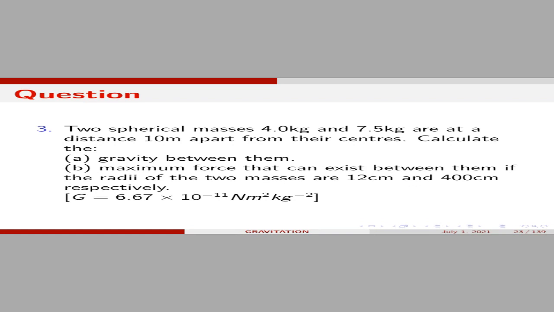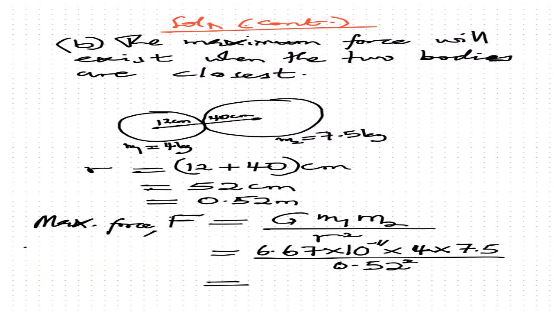Oh, sorry, it's 412. So I made it 40. So meaning that here is 400. Oh, forgive me. It's not any big deal. We just have to change the value. The question gives 400, not 40. So here is 400 centimeters.